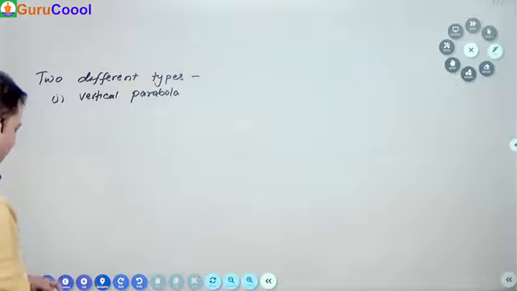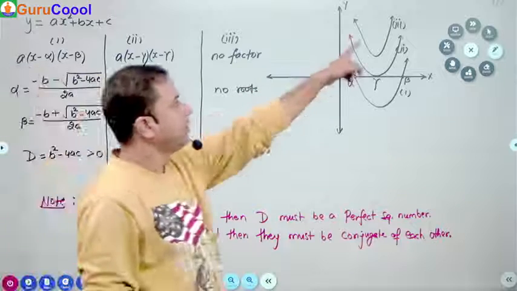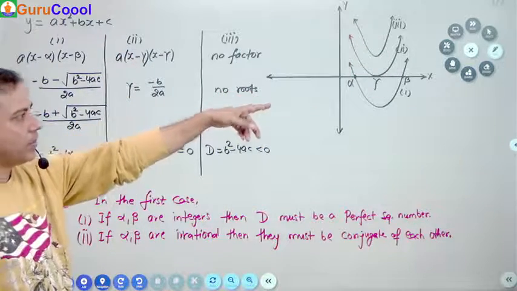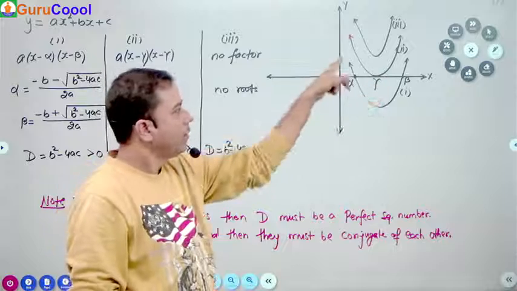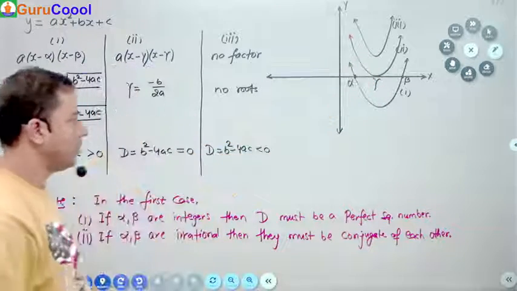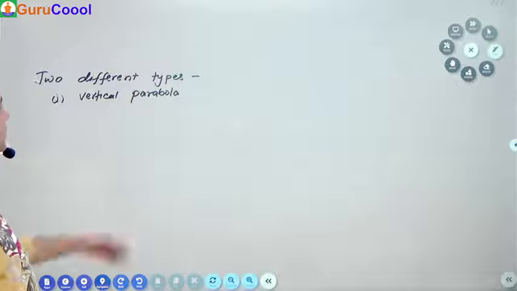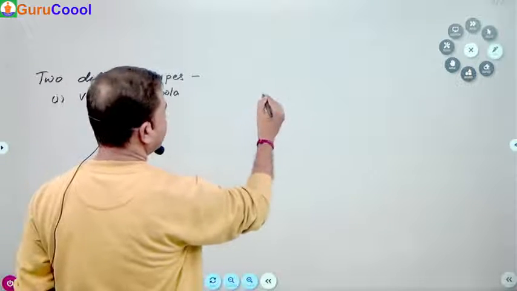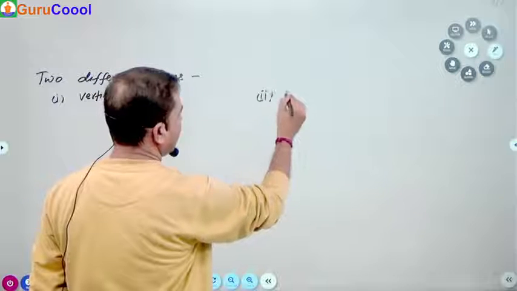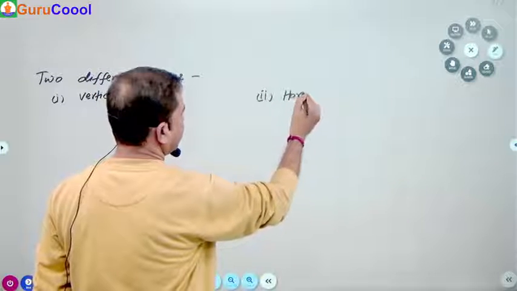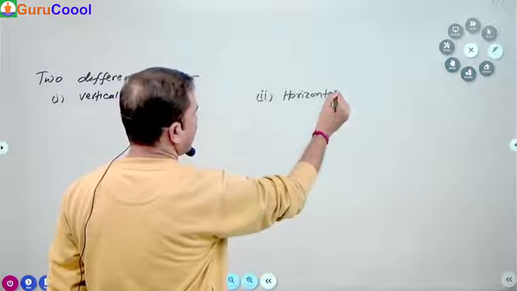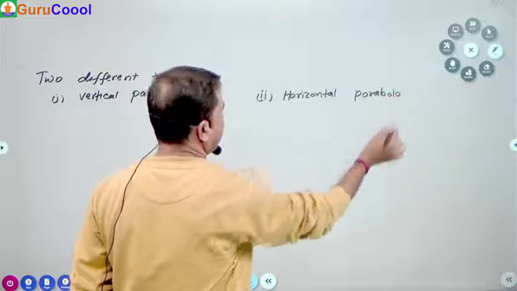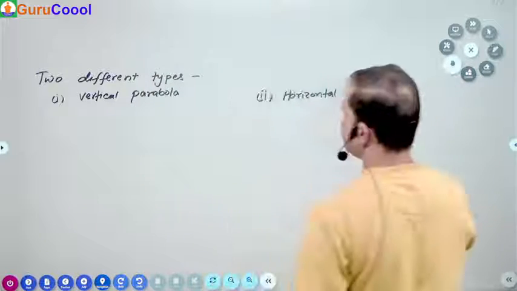Dear students, the graph we have seen here, the graph of the quadratic, is always a parabola. That you should remember. This is the graph of parabola. This shape is itself called parabola. Vertical parabola, and the second horizontal parabola.